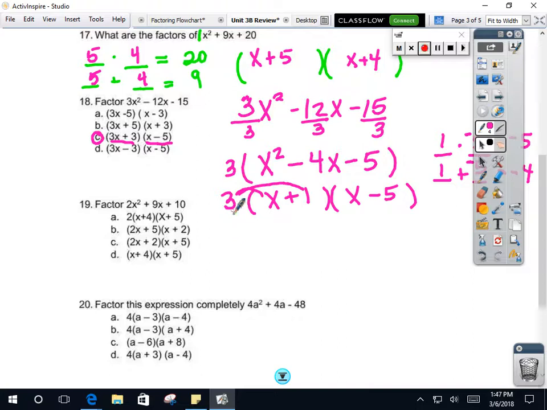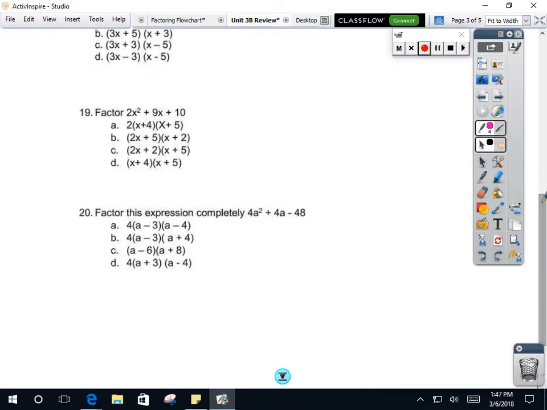All right, number 19, binomial or trinomial? Trinomial. What's the first thing you need to look at? Okay, what is a? 2. Can you factor it out? No. So what do we have to do?